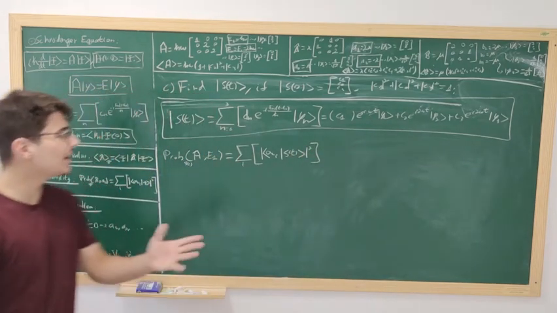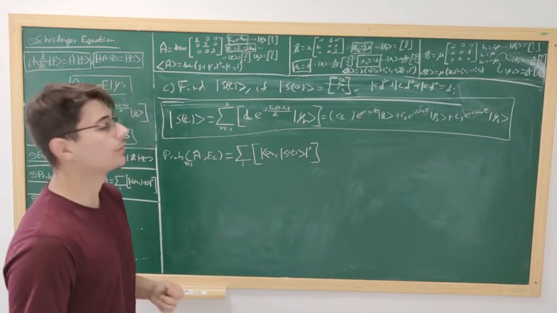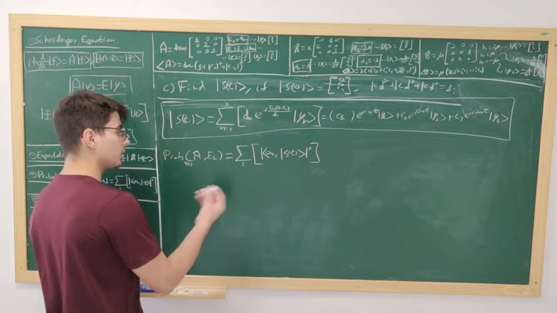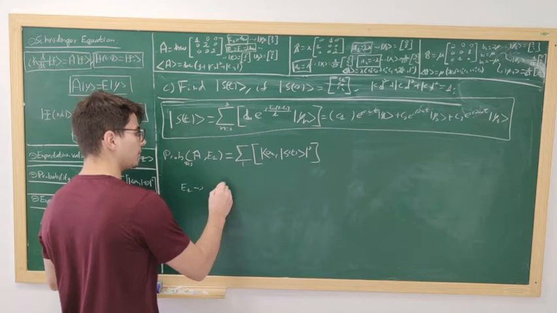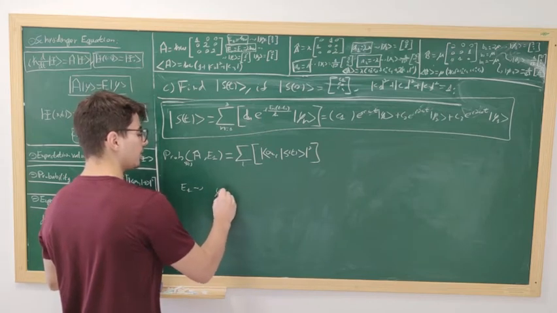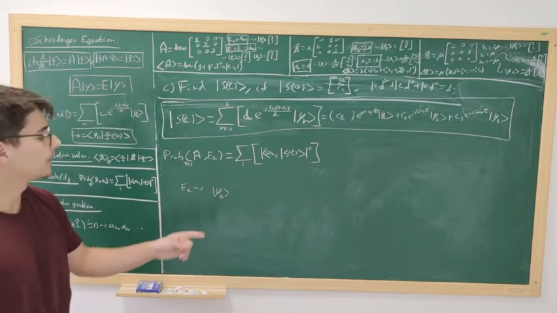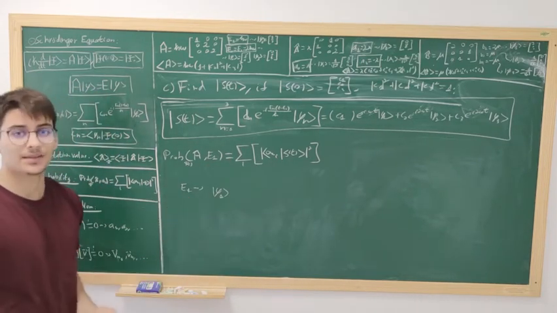What is alpha_{n,i}? Well, alpha_{n,i} are just the eigenvectors of the Hamiltonian. And so, for example, in our case, E1 has a corresponding eigenvector phi 1, and there's only one of them. So i sums over all the eigenvectors corresponding to the same eigenvalue.